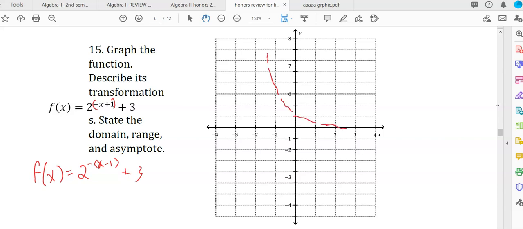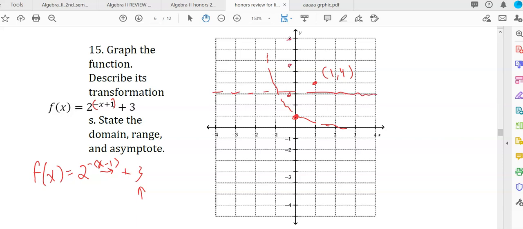The minus 1 is going to move it to the right. The plus 3 is going to move it up. So this was the point right there at 0, 1. I'm going to move it to the right 1 and up 3. So now it's at 1, 4. The asymptote was at y equals 0. Now it's at y equals 3. I know those numbers are confusing there.